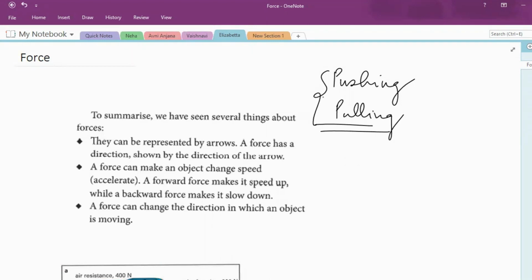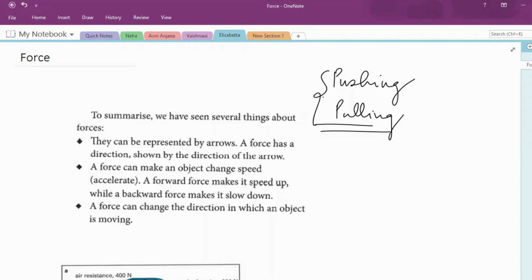Of course, it will depend on if it's very heavy, then it won't move. For example, if you push a wall, it will not move. If you push a normal object, which is small in comparison, it will move. Or even when you're pulling something, it will move.